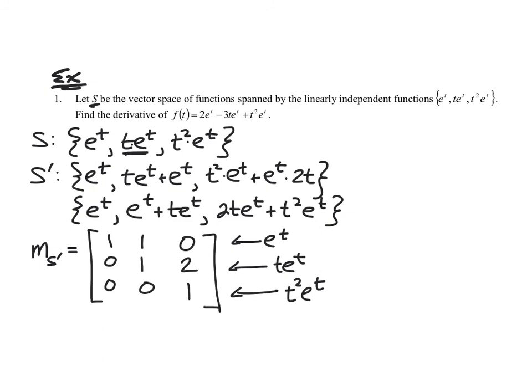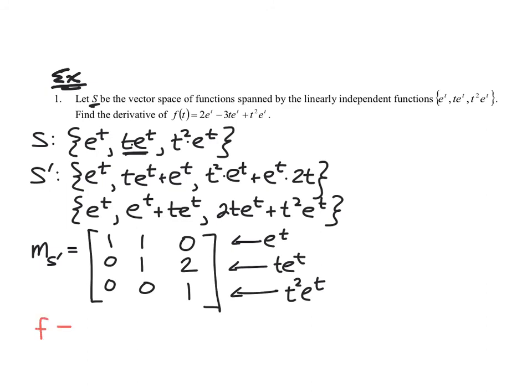For the t squared e to the t, it has a coefficient of 1. So that's where that comes from. So we're just taking our derivatives in their simplest form and identifying what part of the basis is there and what isn't. What isn't there gets a coefficient of 0. What is there gets whatever coefficient it has. It's an adjustment, but it's definitely something that can be done.